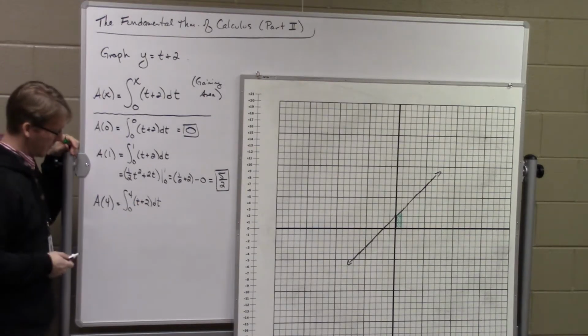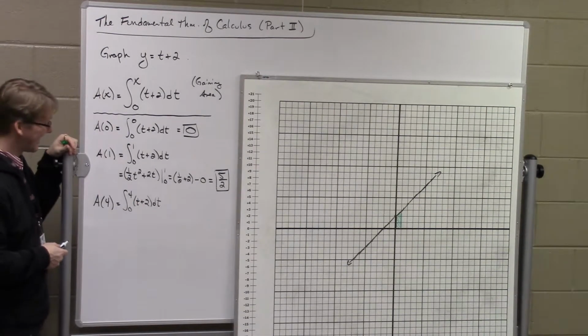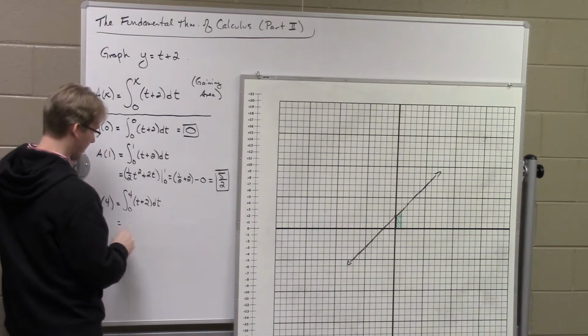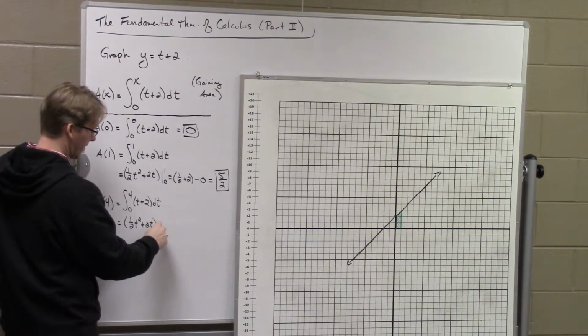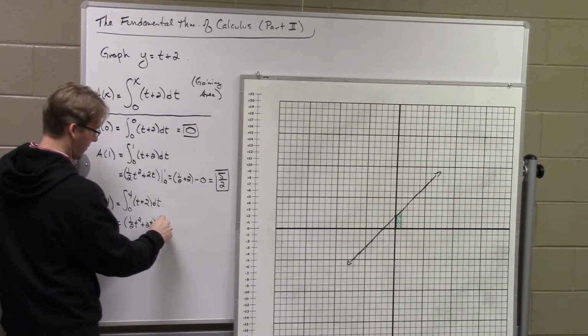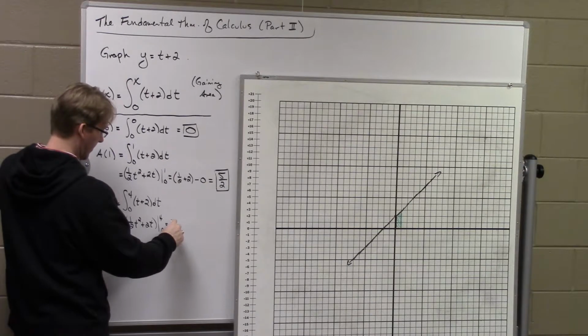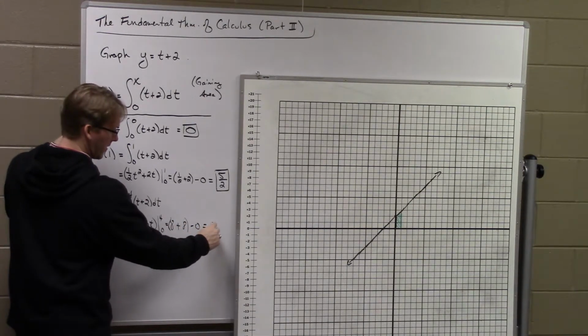I'm just counting squares like kindergarten. This would be the calculus way to set it up. We could take an antiderivative, which we've already done. There's no sense in reinventing the wheel there. 0 to 4. 4 squared over 2 is 8, plus 8 minus 0, so yeah, 16.